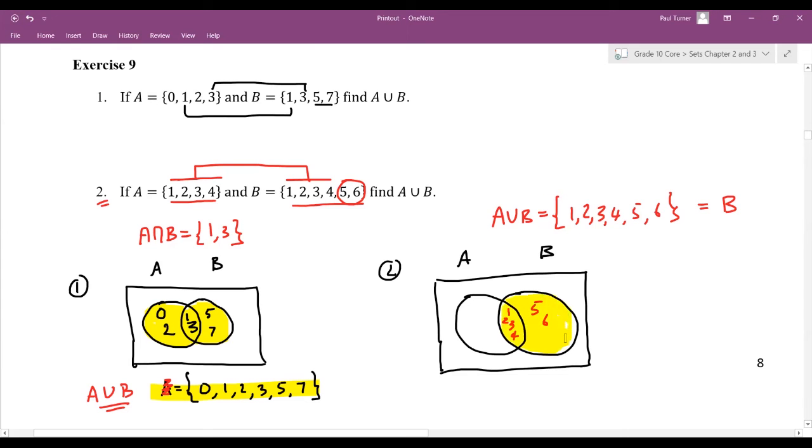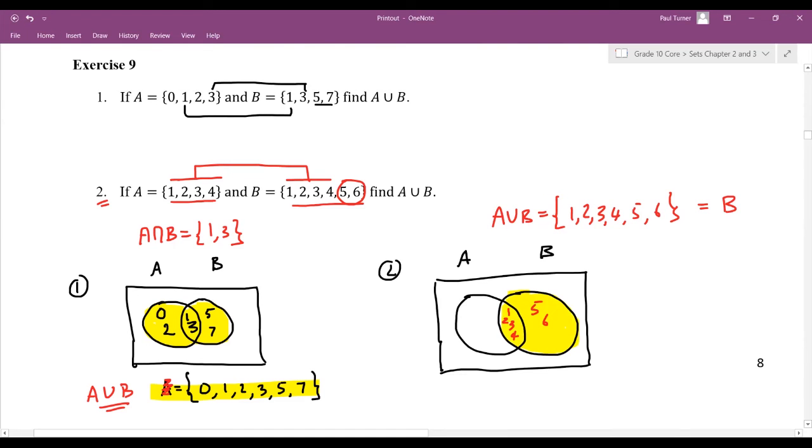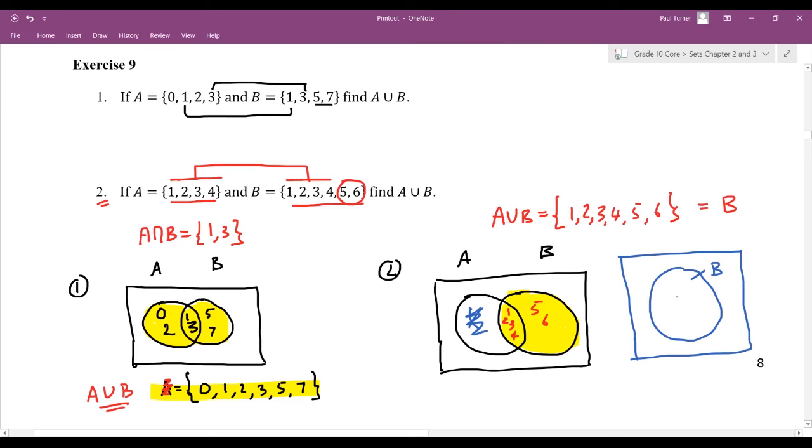But if you get a question like this, I think it's better to change your diagram, isn't it? Why don't we make it a subset? So instead of drawing it like this, you've got a missing space here. There's nothing there. So what you could do is actually put A inside B, which will look a lot nicer. So you'll have B here, and A inside as a subset. So 1, 2, 3, 4, like that.